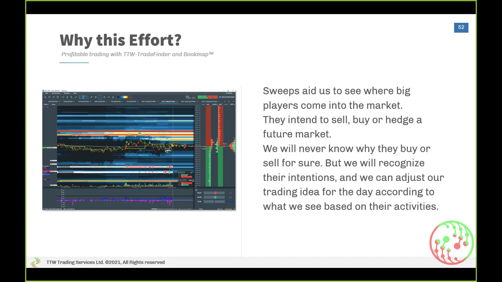Because in our analysis, we are using TradeFinder with a different approach than Bookmap uses with its SI tracker. Bookmap uses the SI tracker as a mathematical program, and you might see now and then that it sometimes works, but the question is, we want to make money, and we are here to make money.